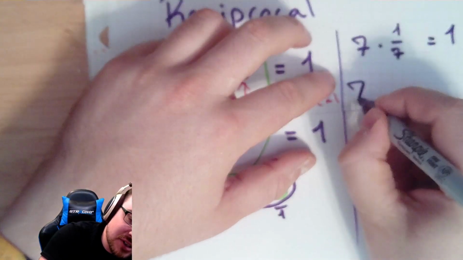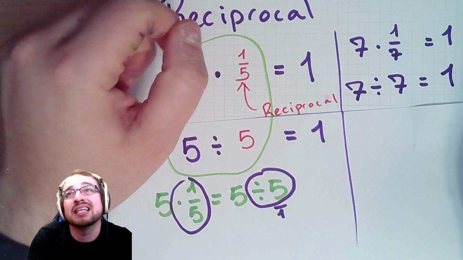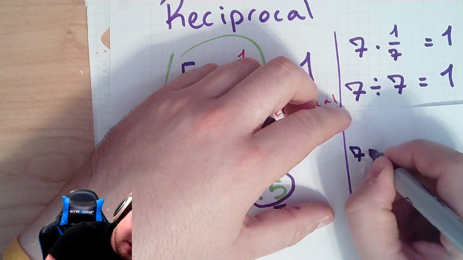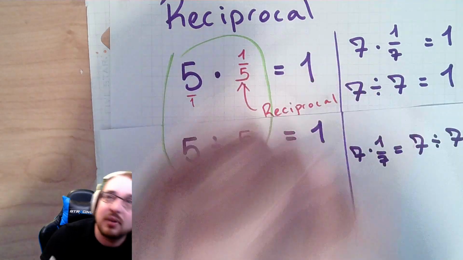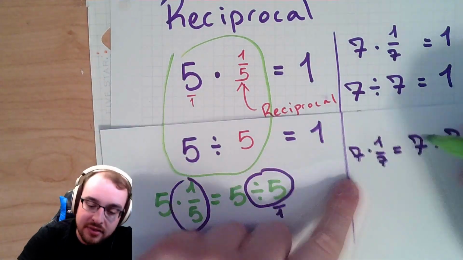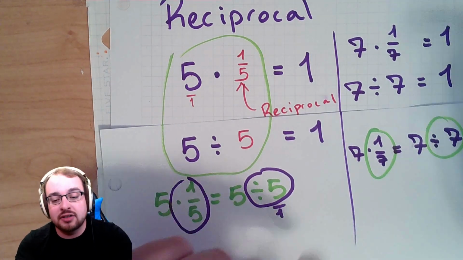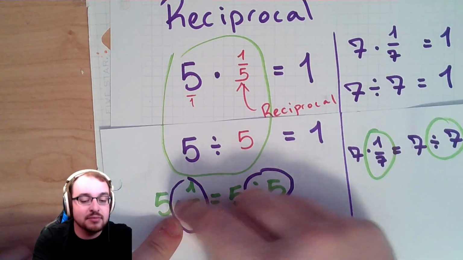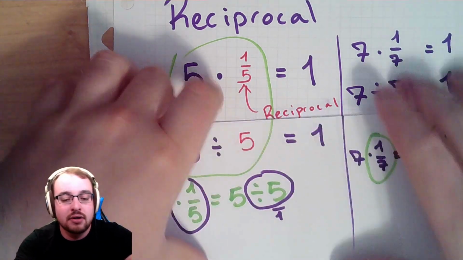So that must be the same thing as dividing by 7. Because of course that gets 1 as well. So in other words, timesing by a 7th is the same thing as dividing by 7. This is the same as that. And it makes sense, right? Times by 1, then divide by 7 will be the same thing as divide by 7. Times by 1, divide by 5 is the same thing as dividing by 5.